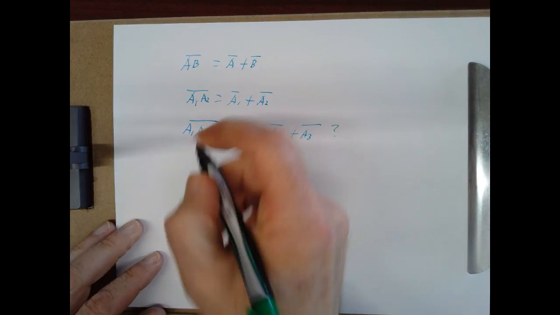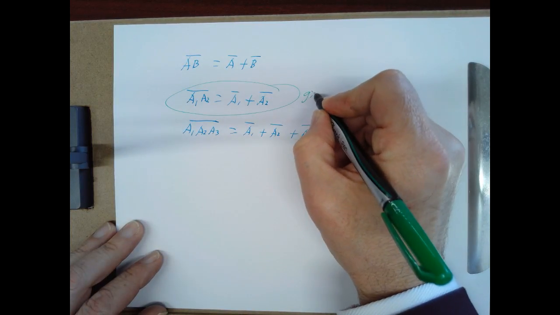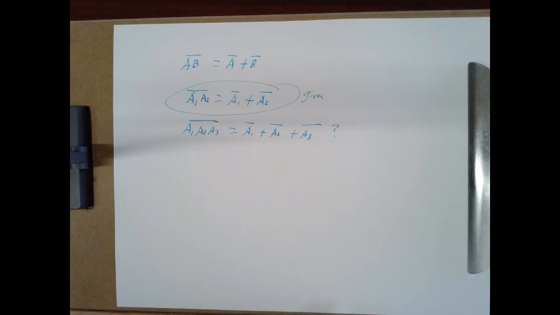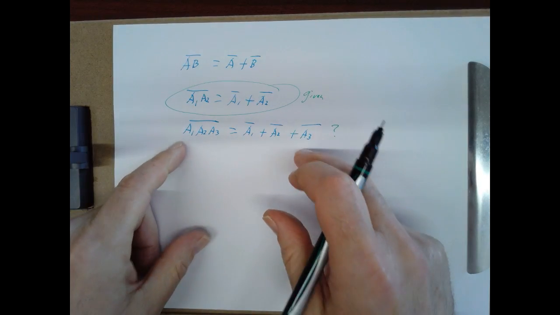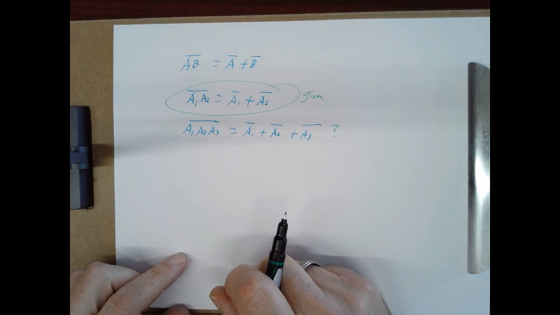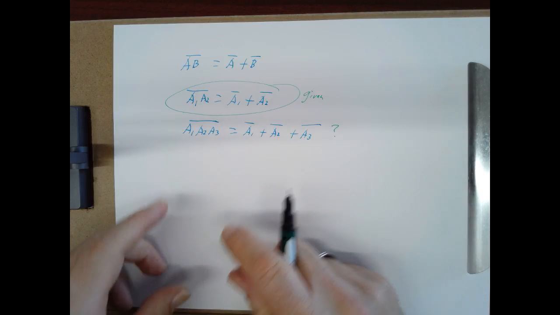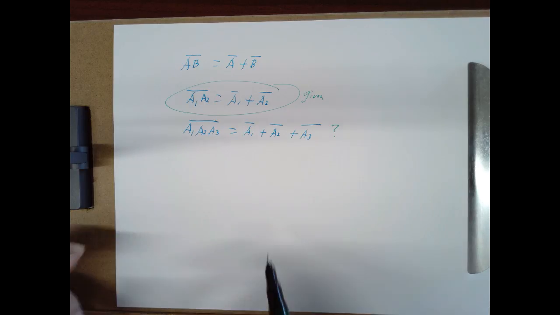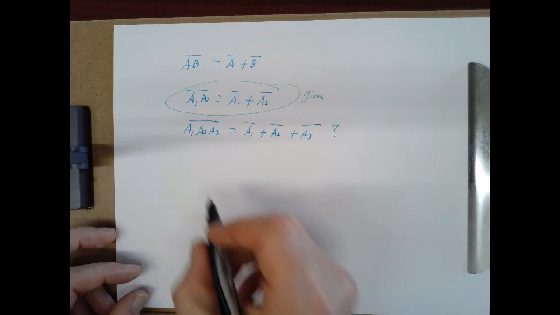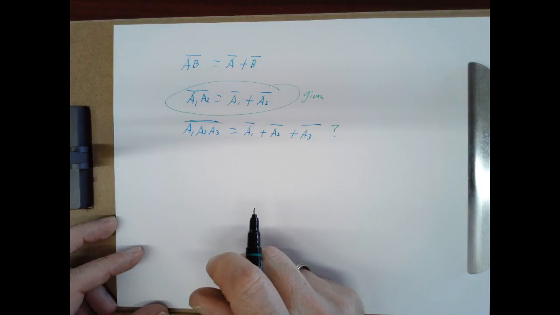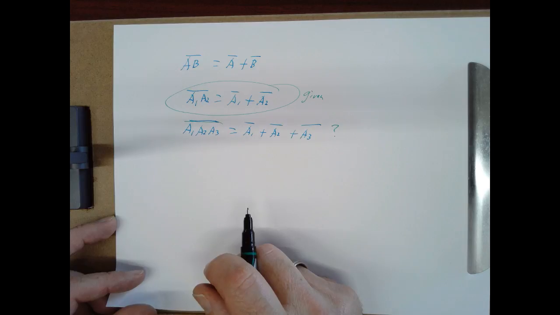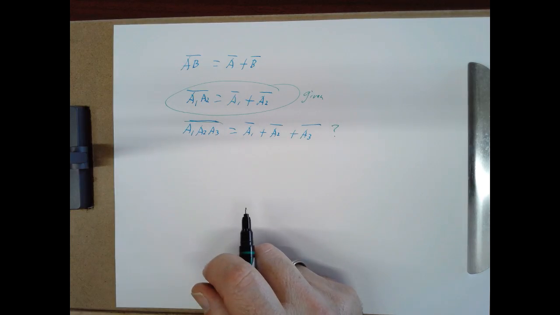Well, given this, can we prove this? Because this is really the form of De Morgan's theorem that we usually present and cling to and use for everything. But have you ever proven this 3-variable version of De Morgan's theorem? Anybody proven it? I don't think we do it in 250.